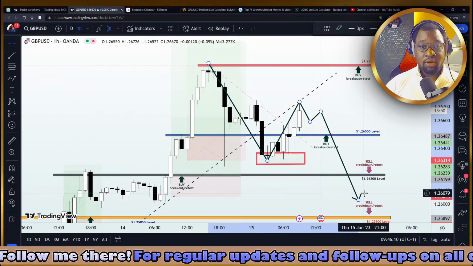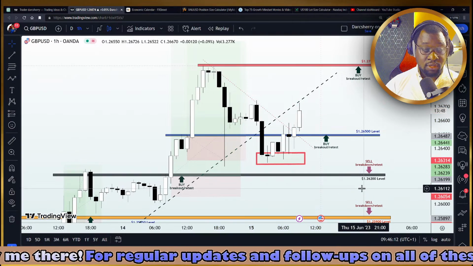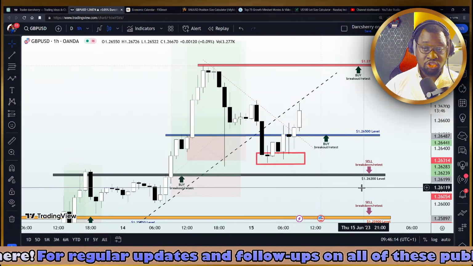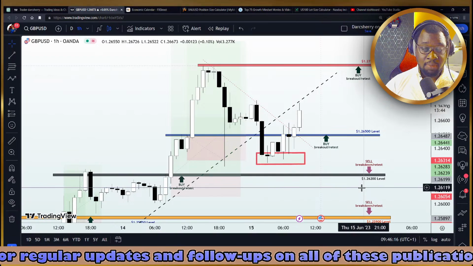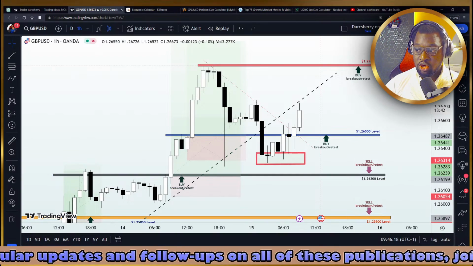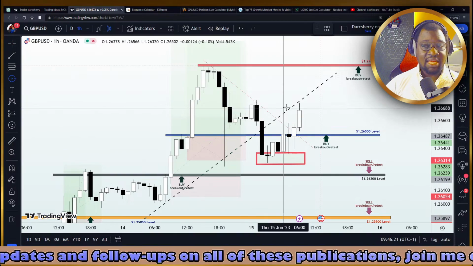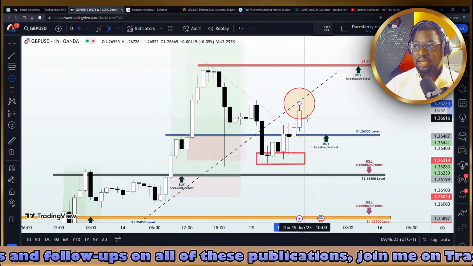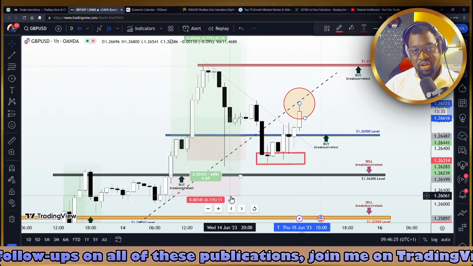So because of this technical expectation, we want to be very mindful of our current buy position right now. So we want to move all stop losses to entry point, secure this position while we wait out and see how price action will react to this trend line.